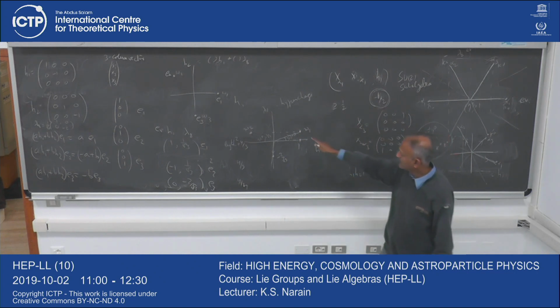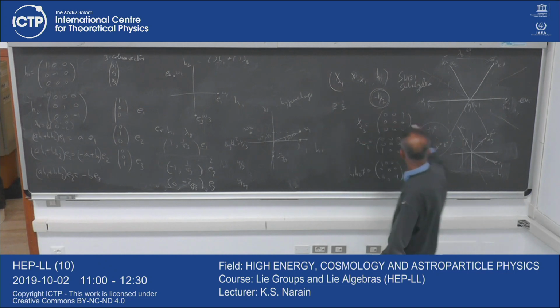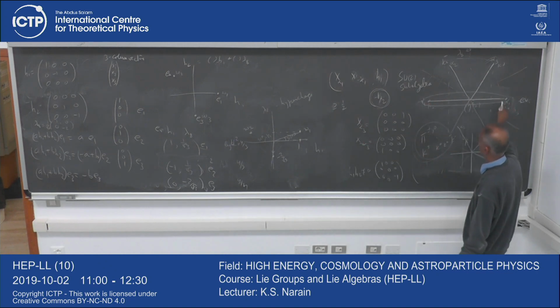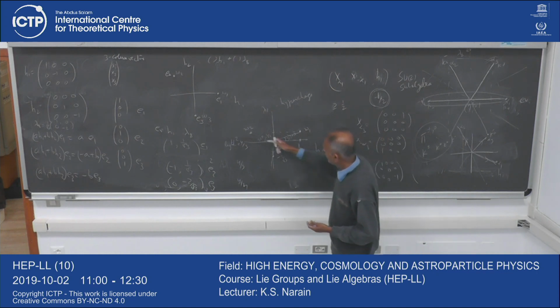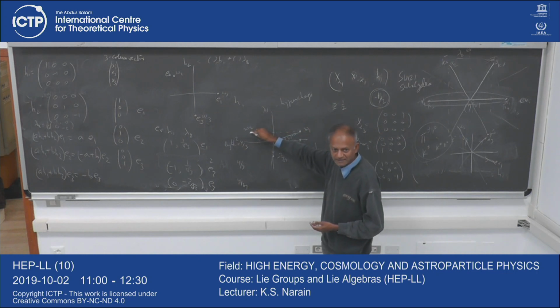So with respect to this SU2 subalgebra, this must be a spin half, or some half-integer spin representation. Since it is plus half, if I apply X minus alpha 1, it should take you to the minus half, which is that.